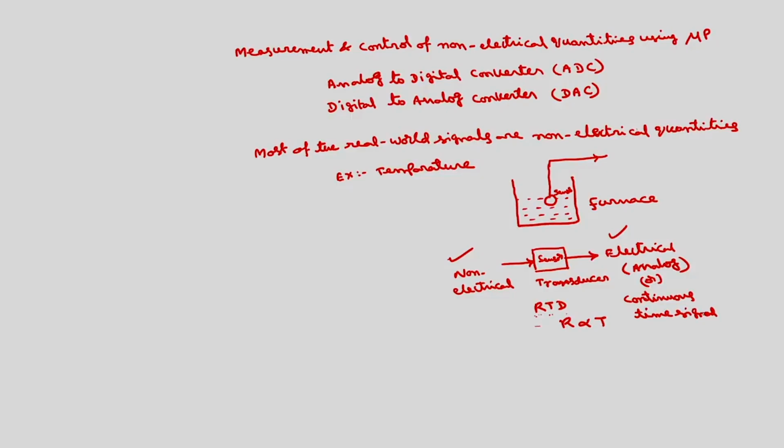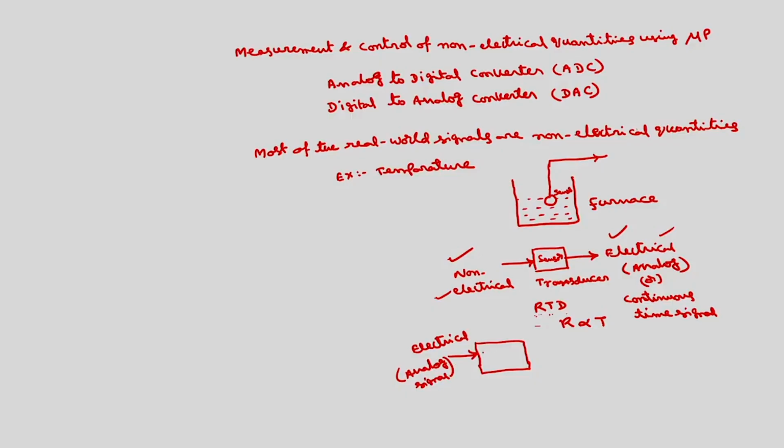If I want to process this continuous time signal, or analog signals, using a microprocessor, the microprocessor is a digital device. Now we have converted non-electrical into electrical by using a transducer or sensor. I cannot apply this electrical signal, which is analog in nature, and connect it directly to the microprocessor.